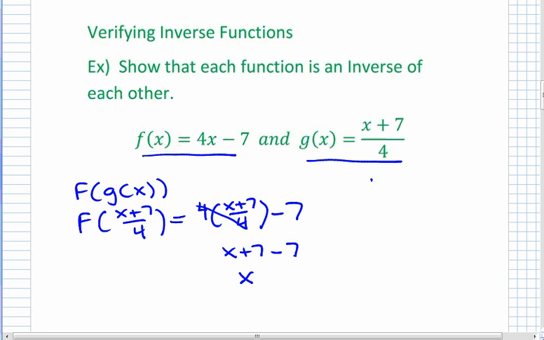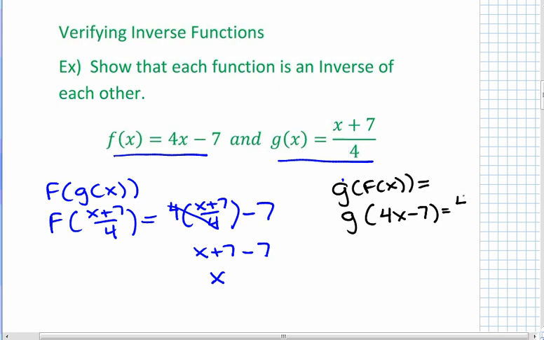When I do g of f of x, that means I have g of 4x minus 7. So that means I'll take the 4x minus 7 and put it in for x. So I have 4x minus 7 plus 7 all over 4. Well, notice negative 7 plus 7 just gives you 4x over 4, which the 4's cancel, and you're just left with x.